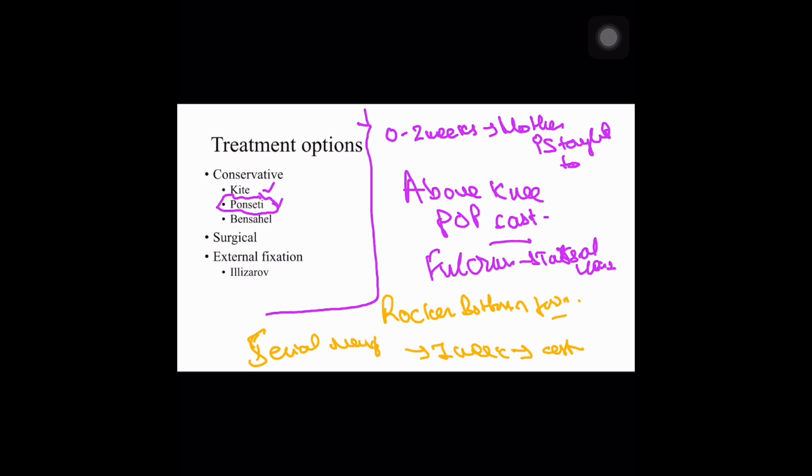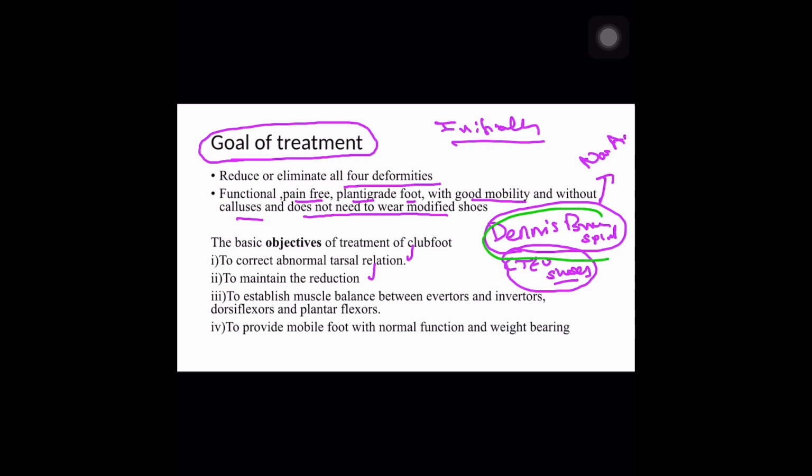By this method you have to use the cast at least 5 to 6 times, that will be at least 5 to 6 weeks of serial manipulation. After that, as I told you, you use the Dennis Brown splint until the child walks. After the child walks, use CTEV shoes.